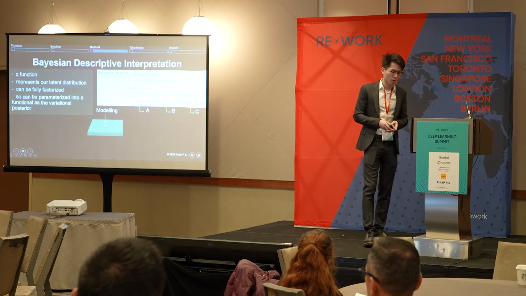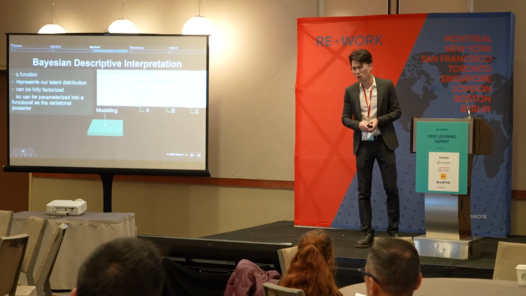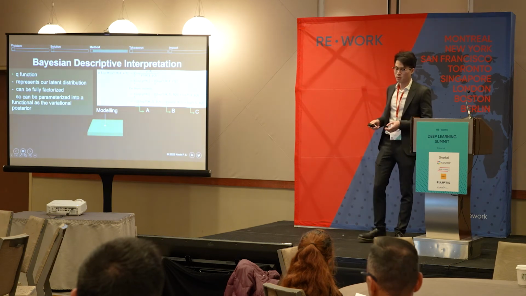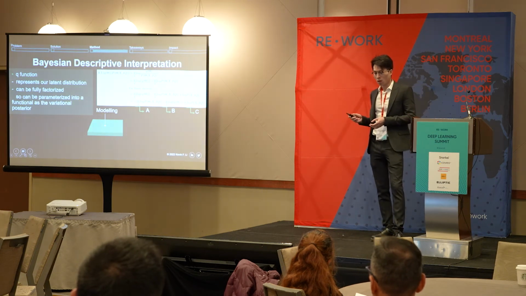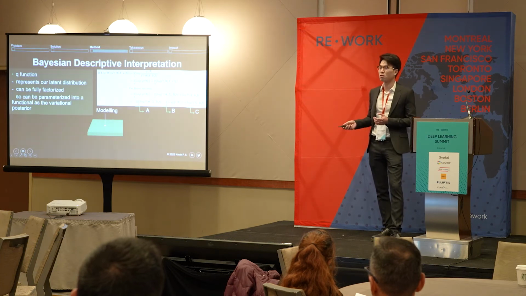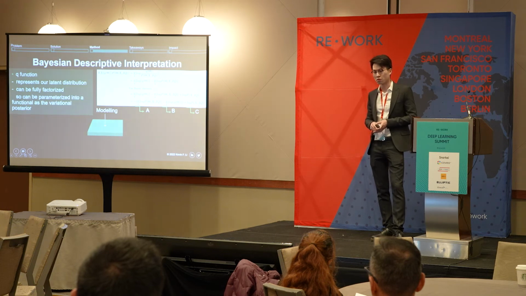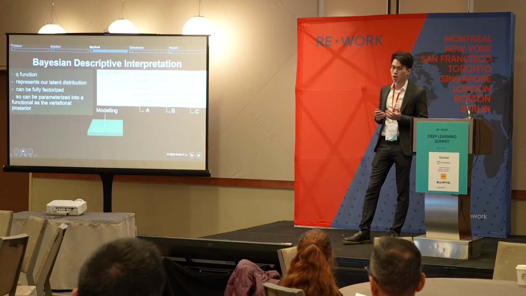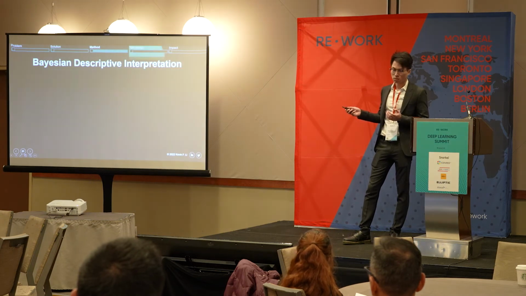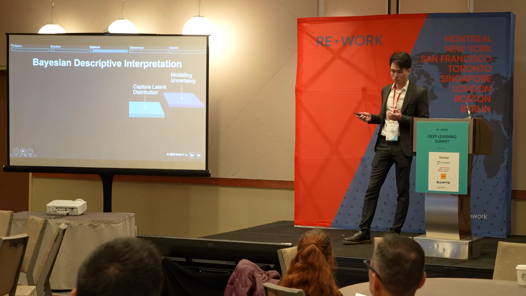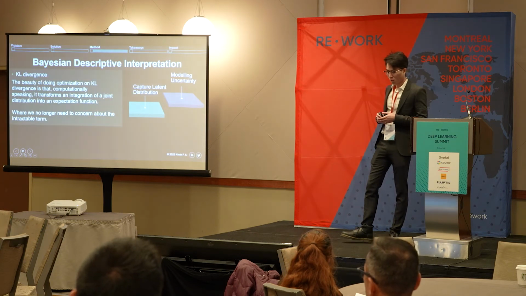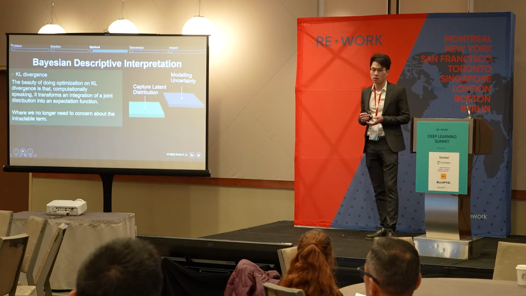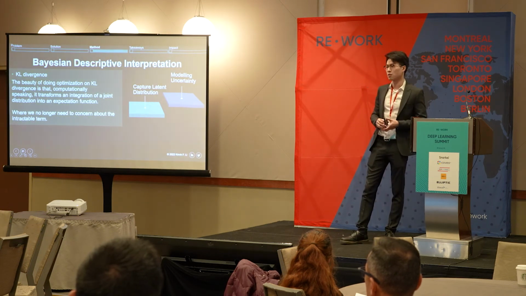There are also a couple of properties of this Q function I want to go over. First, it represents our latent distribution. It should be fully factorized so that it can be parameterized as a functional of the variational parameters. So we use this Q function basically to approximate the unknown posterior. I want to reiterate the beauty of doing optimization on this KL divergence.